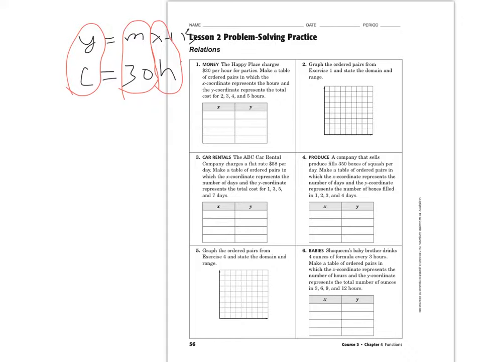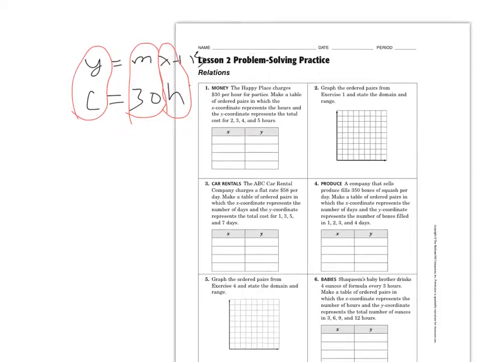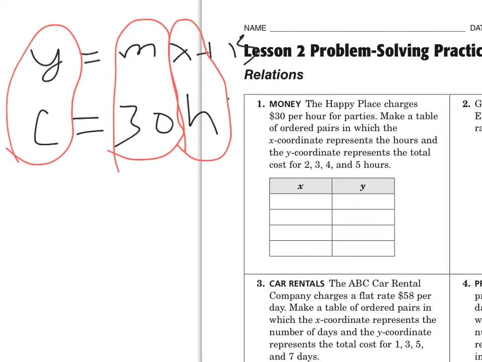The make a table of ordered pairs in which the x-coordinate. Okay, so we want 2, 3, 4, and 5 hours. And another thing that we want is we want to take the 2 and multiply it by 30.